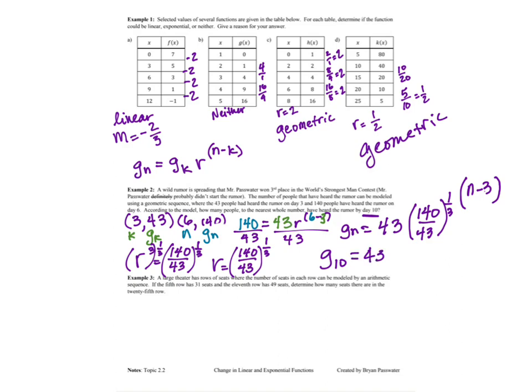So we're going to have 43 times 140 over 43. Watch this. If I push that 1/3 through, that's going to be to the 1/3 times 10 minus, what's 1/3 times 3? 1?